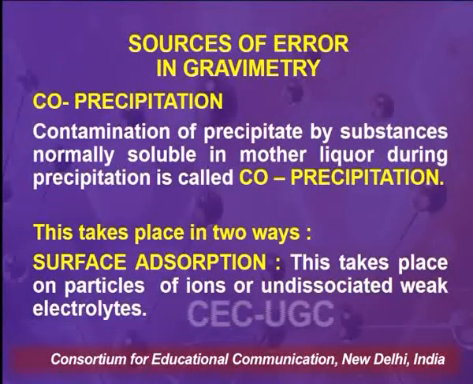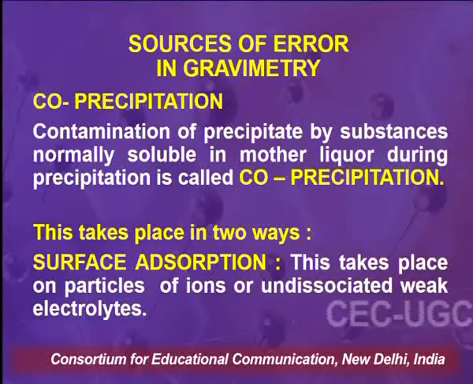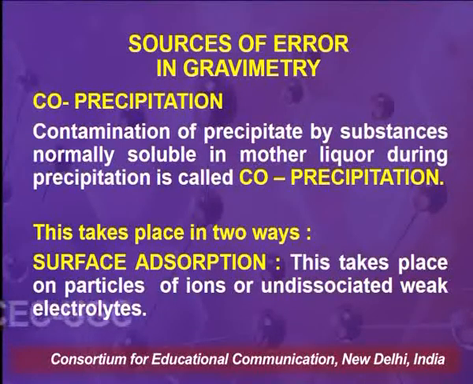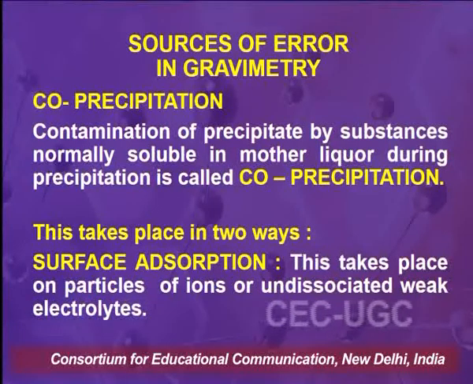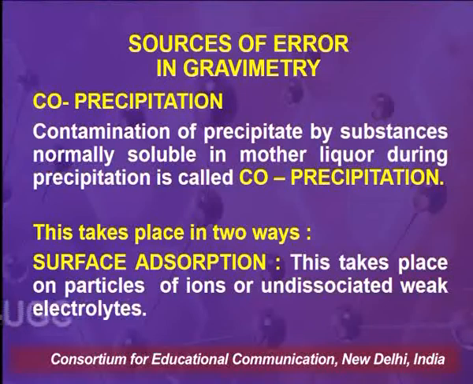Some other sources of error in gravimetry are co-precipitation. Co-precipitation is the contamination of a precipitate by substances normally soluble in the mother liquor during precipitation.